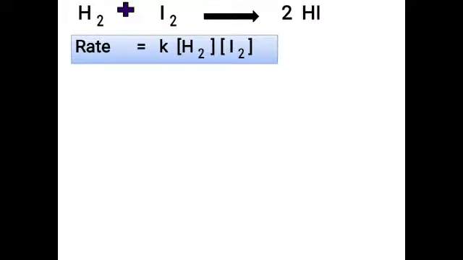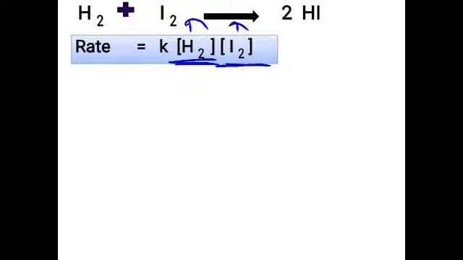Now let's look into the second type of example, hydrogen molecule reacting with iodine, giving 2 hydrogen iodide. Here the rate was found to be proportional to the concentration of hydrogen and the concentration of iodine. This means the rate increases with increase in the concentration of hydrogen and of iodine.